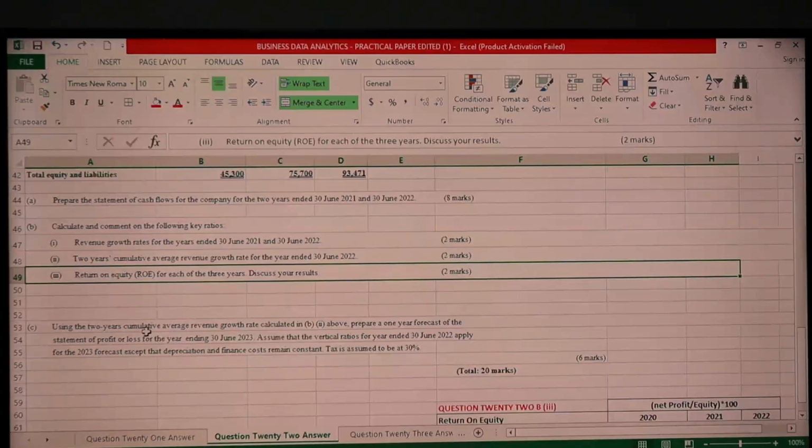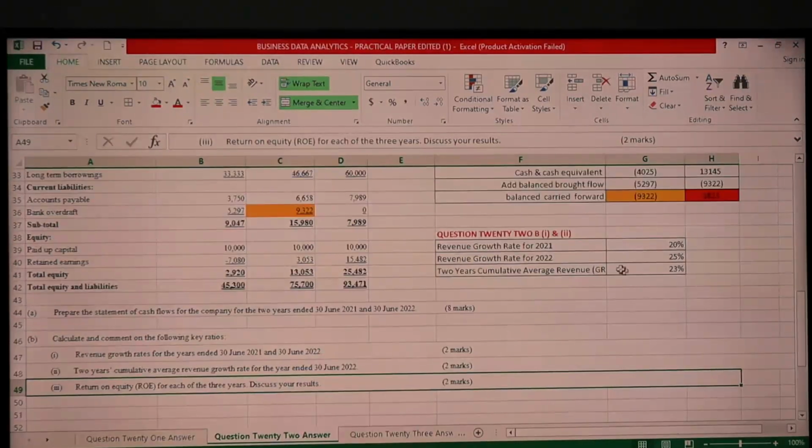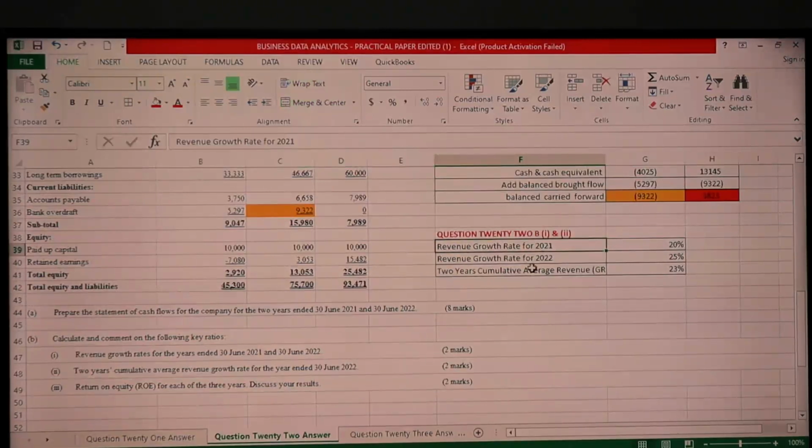And now the last question, you're supposed to prepare, project the cash, the forecast for 2023. You are told that using the 2-year cumulative average revenue growth rate, which we have already got here, we got 23%.